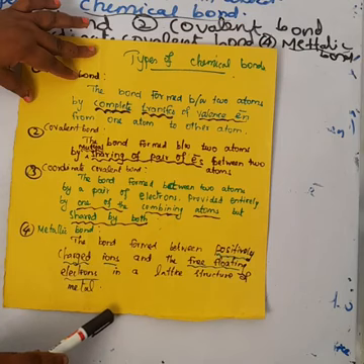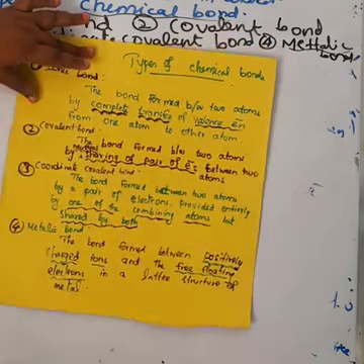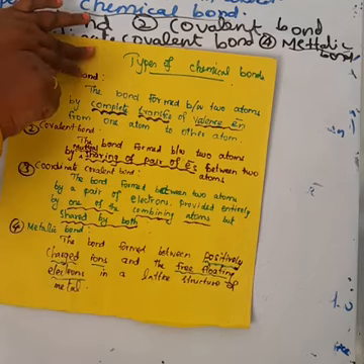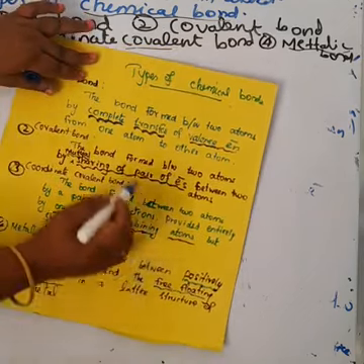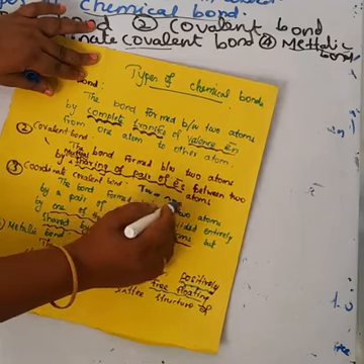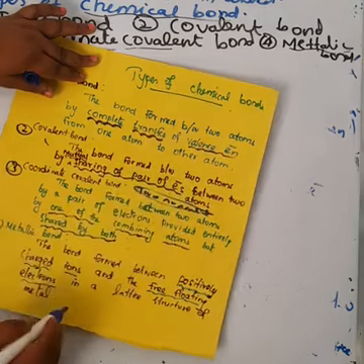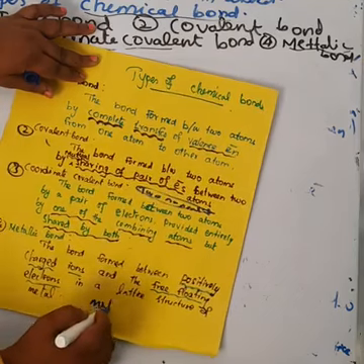The ionic bond is formed between metals and non-metals. Covalent bond and coordinate covalent bond are formed between two non-metals. But metallic bond is formed only between metals.